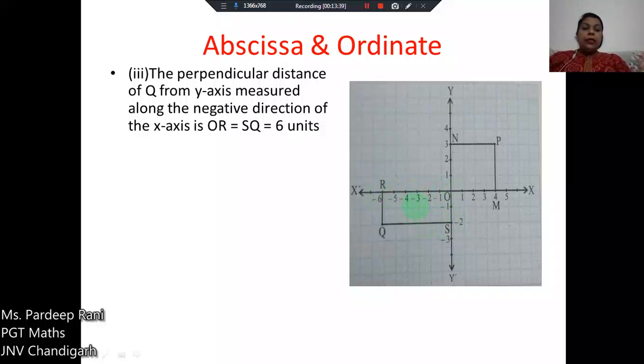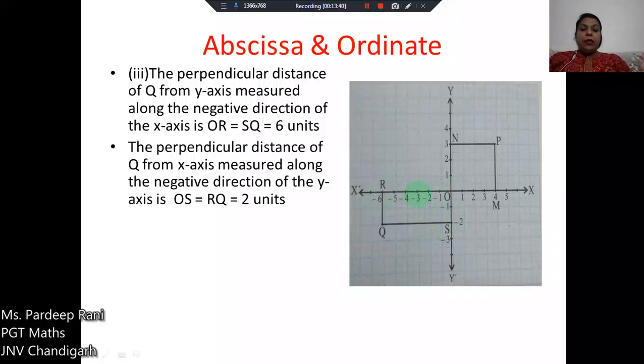This is 6 units. Next, the perpendicular distance of the point Q from the x-axis measured along the negative direction of the y-axis is QR, equal to SO, or you can say OS. This is again 2 units.